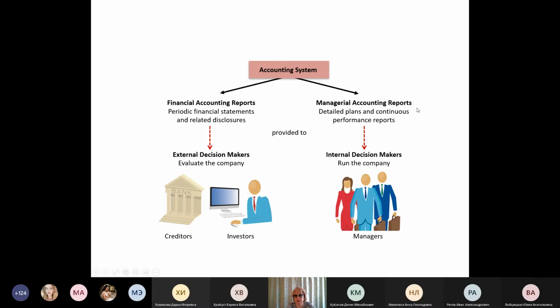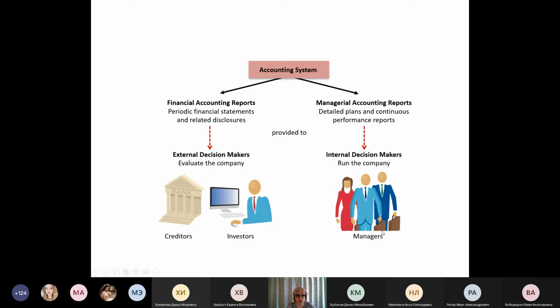And managerial accounting is about how to prepare detailed plans, how to evaluate performance, how to control costs. This information is definitely important for those who are responsible for running the business, and we call these users internal decision makers.